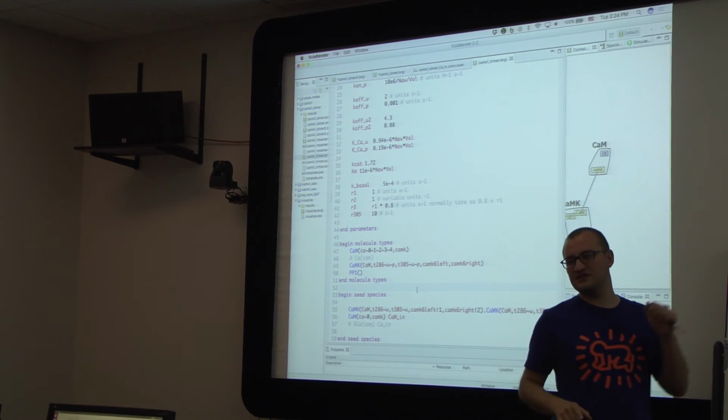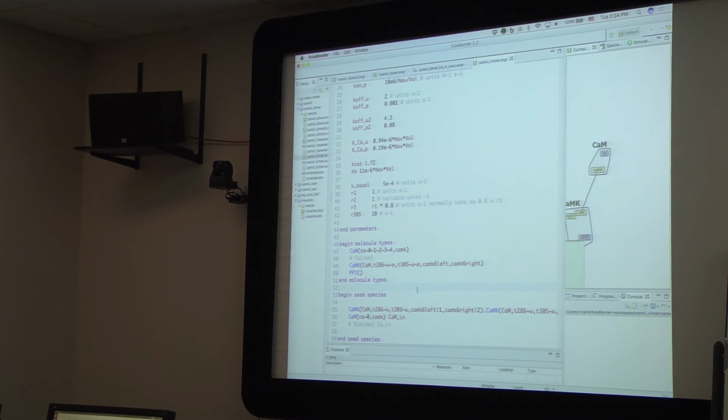One of them is for left, one of them is for right. Basically, it denotes this is the binding site for my left neighbor, and this is the binding site for my right neighbor. And this can just translate through all of them.